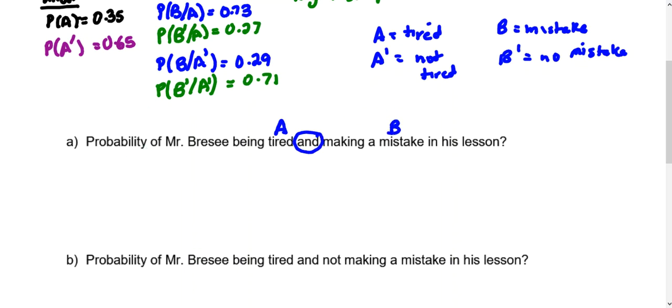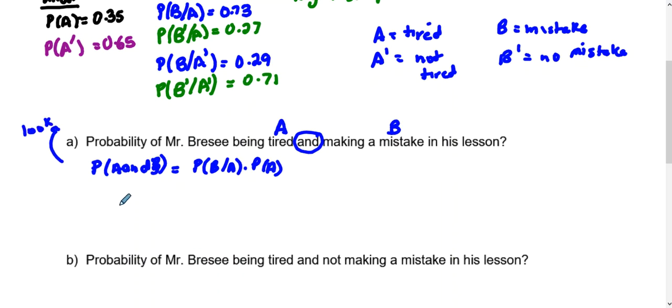So now what I can do is I can go to my question now. This is what I want to find. All right, so this is the given formula. That's supposed to be B, my fault. Is the probability of B given A times the probability of A. Now I just look up to find the numbers.